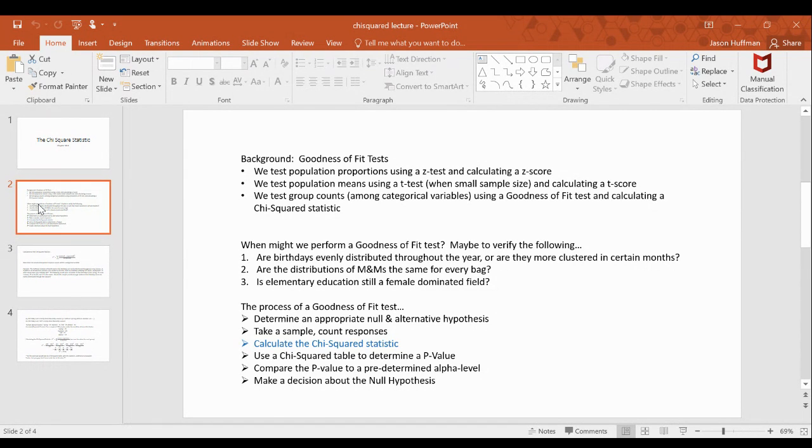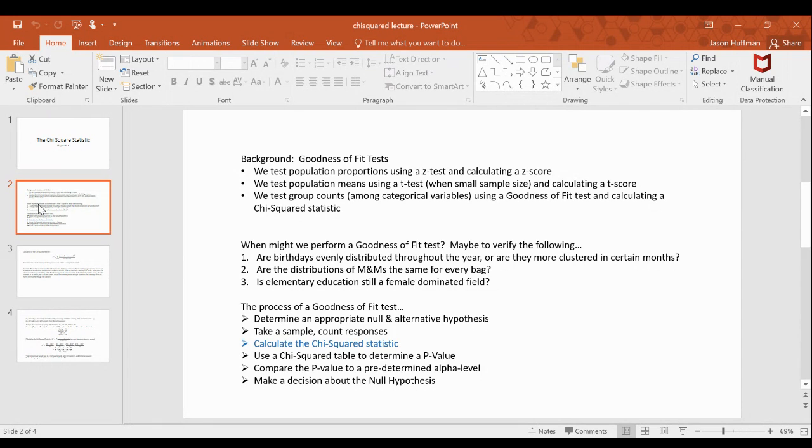When we use a goodness of fit test and calculate a chi-squared statistic, a common problem would be to figure out if birthdays are evenly distributed throughout the year or more clustered in certain months. Scientists might say they believe that birthdays are evenly distributed throughout the year, which would mean that the same percentage of birthdays occur in January as in February, March, April, May, and so on. We could take a sample and try to prove or disprove whether that is true.